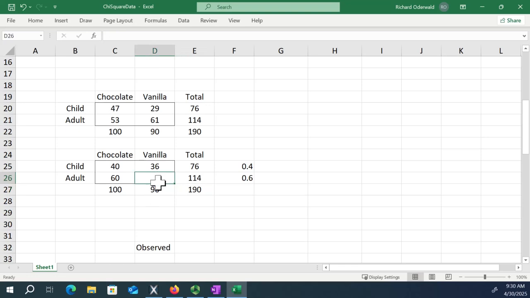And here, I can do this by calculation, 114 times 100 divided by 190. Or, I got 36 there, 90 there. How many have got to be in the empty cell? 54, 90 minus 36, 54. It's got to add to 90.